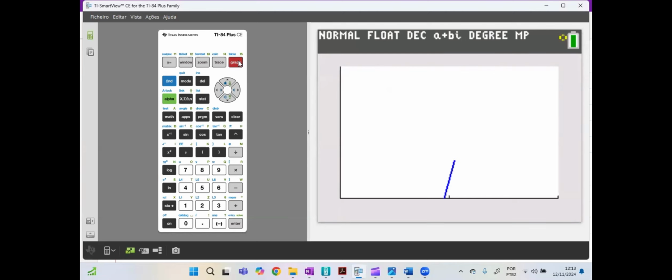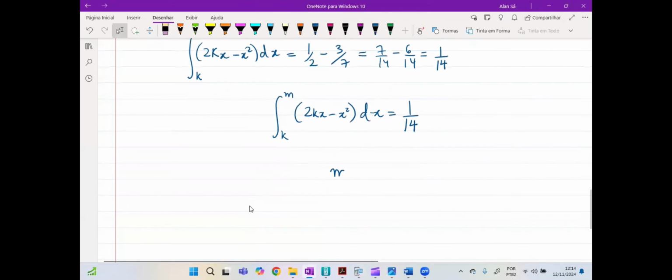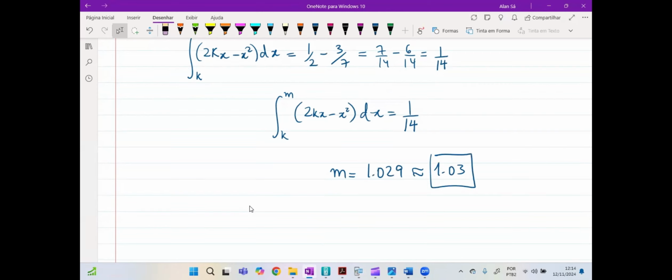After we see the point of intersection, we can use the option intersect to find the value that we want. So now we go to second calc, select intersect, and then press enter 3 times to find the value, which is 1.029. So m is equal to 1.029, which rounds to 1.03 to 3 significant figures.